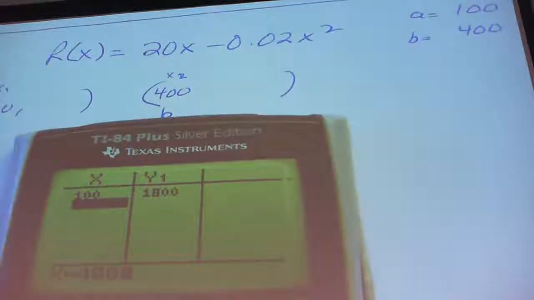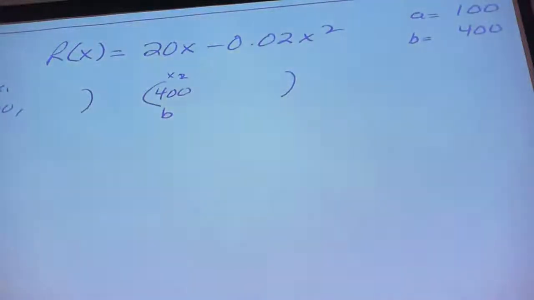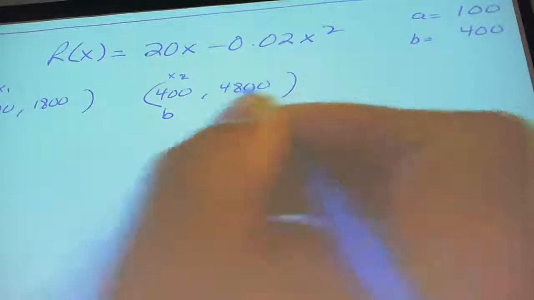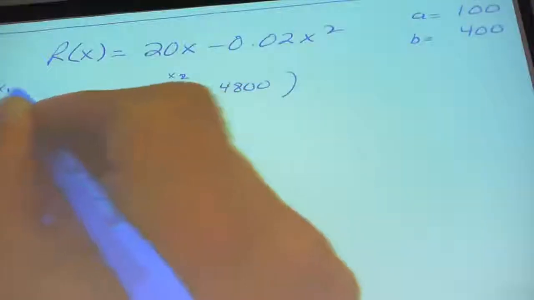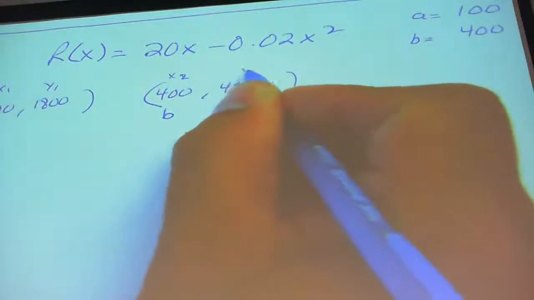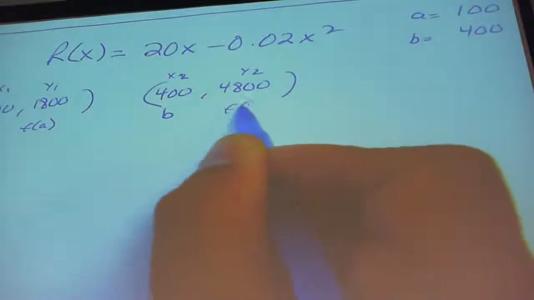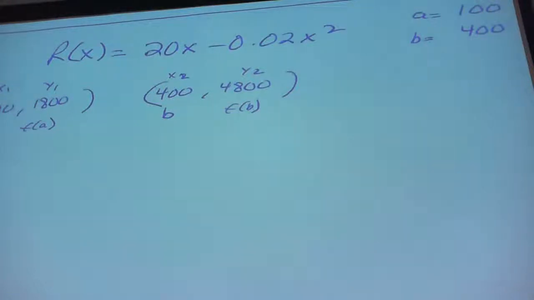Plug in 400, what do you get? 4,800. Okay? So, if you're still a little shaky, x1, y1, x2, y2. We're simply calling it A, f of A, B, f of B. Is everybody totally okay right now?